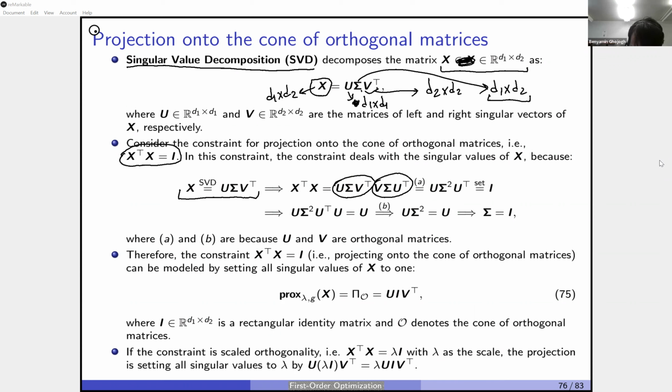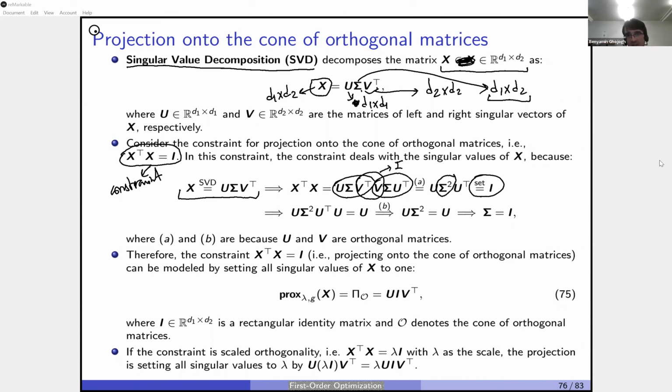So U transpose U we know is I. Why? Because we know that in SVD, U and V are orthogonal matrices. And in the middle, we will have sigma times sigma, which is sigma squared. So we'll have V sigma squared V transpose. And we want it to be set to I because this is the constraint.